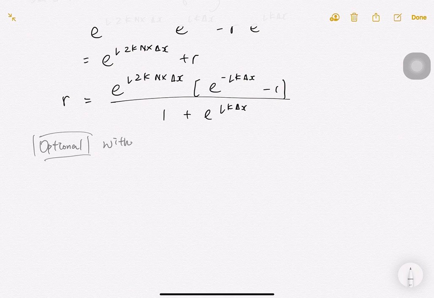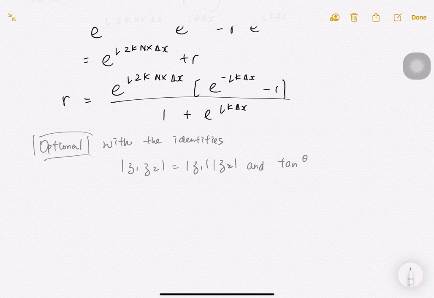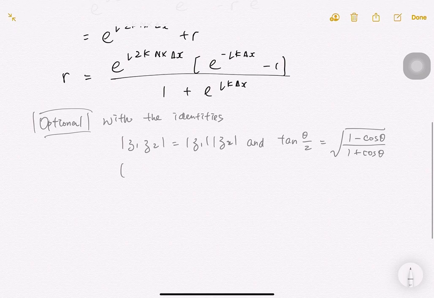With the identities: the magnitude of Z1 over Z2 equals the magnitude of Z1 over the magnitude of Z2, and tangent of theta over 2 equals, I think you should have learned this in your math course. Here Z1 and Z2 are complex numbers.